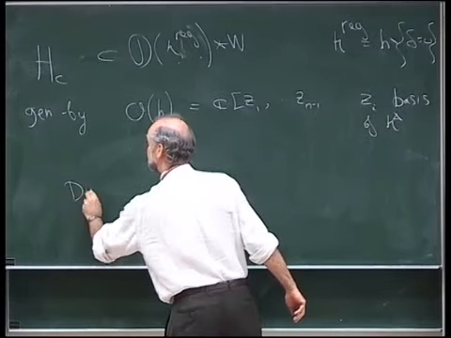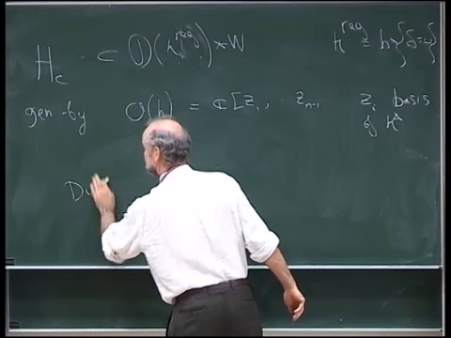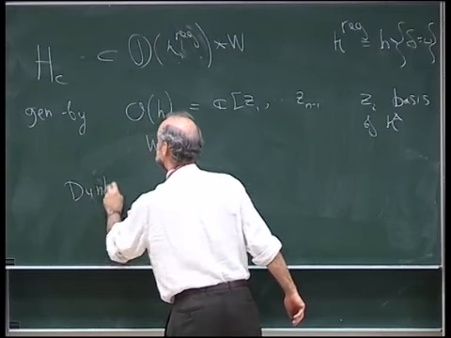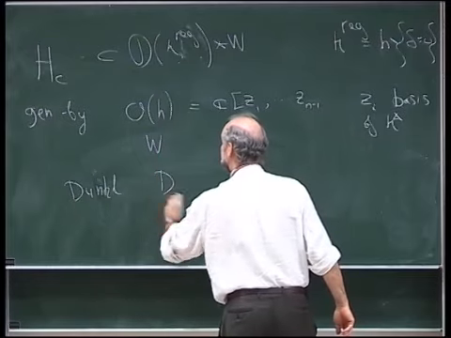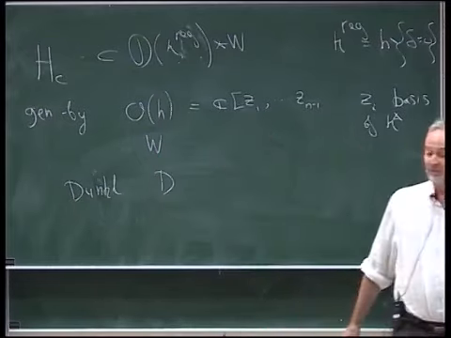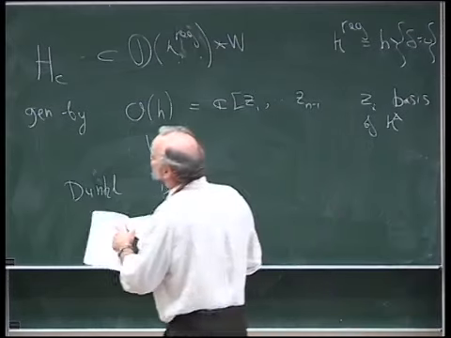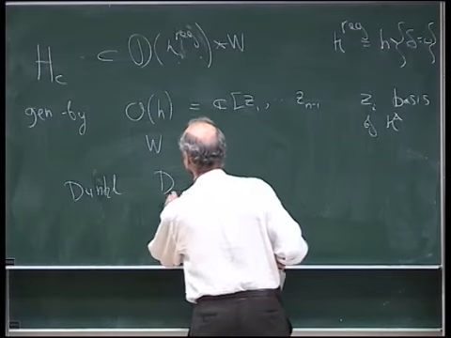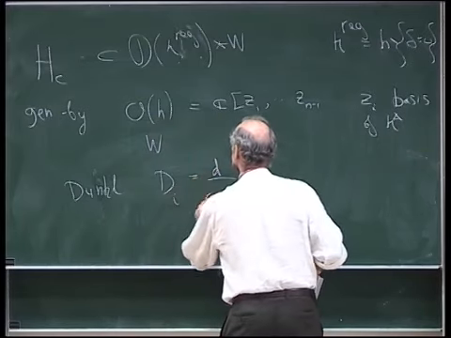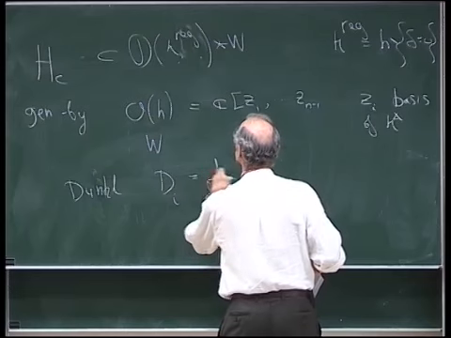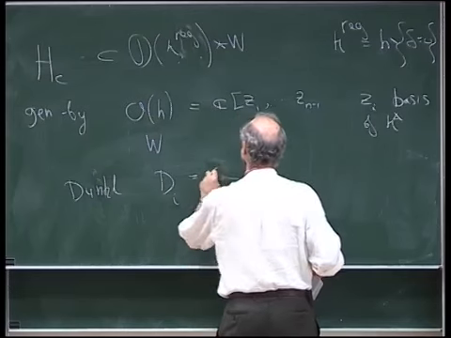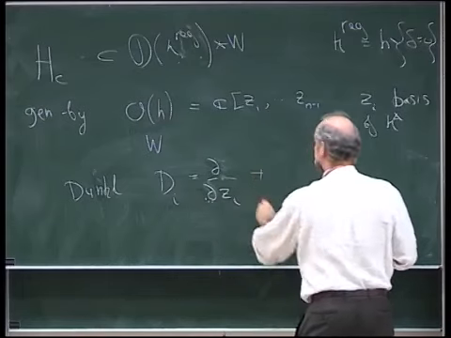We've seen both those in the two previous lectures. So these would be the D, what's my notation? The Di is d by dzi plus a fudge factor.